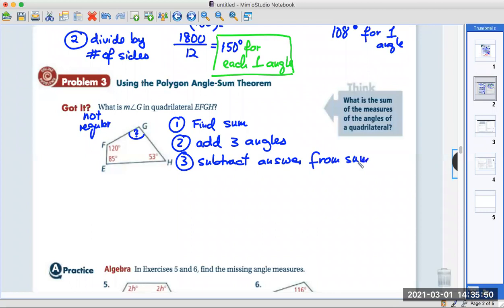So it's kind of like with a triangle: you know it's 180, you know 2 angles, you add them and subtract your answer from 180. But now we have 4 angles. What is the sum of the measures of the angles in a quadrilateral? So n minus 2 times 180. So n is 4 sides, right? 1, 2, 3, 4 sides.